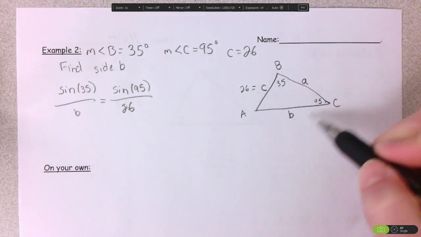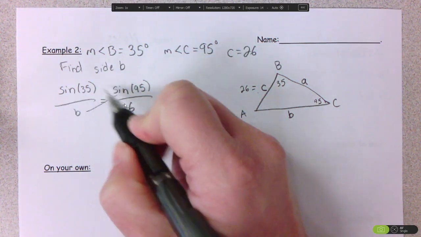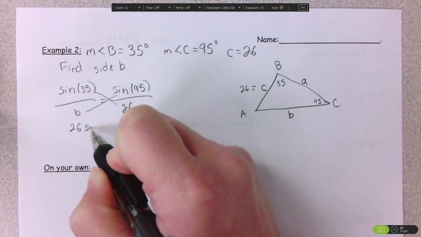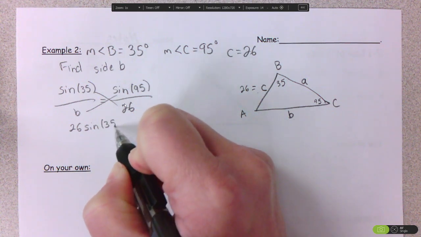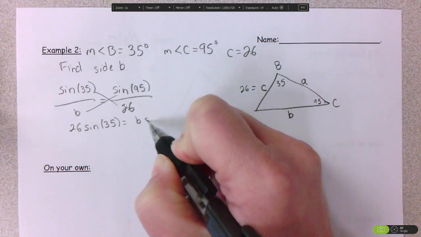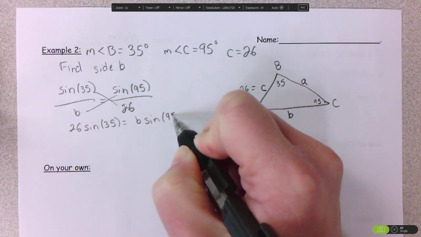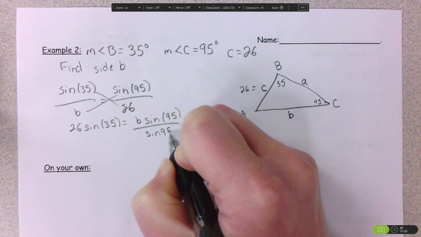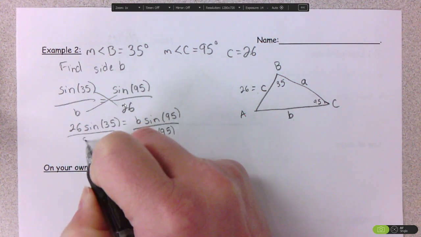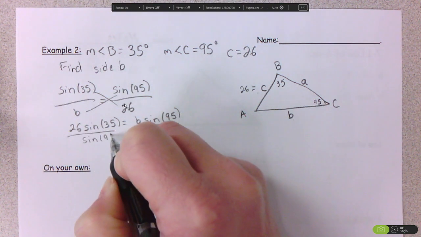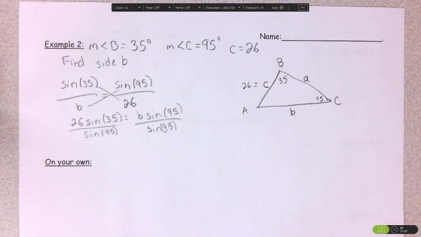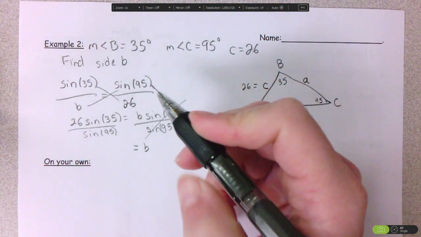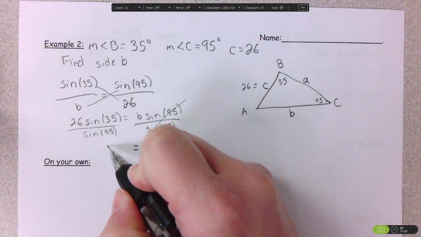So we just match them up across from each other. And then I can go ahead and cross multiply. So 26 times sine of 35 equals B times sine of 95. Solving for B, I divide by sine of 95. Sines cancel out. B is 14.97.